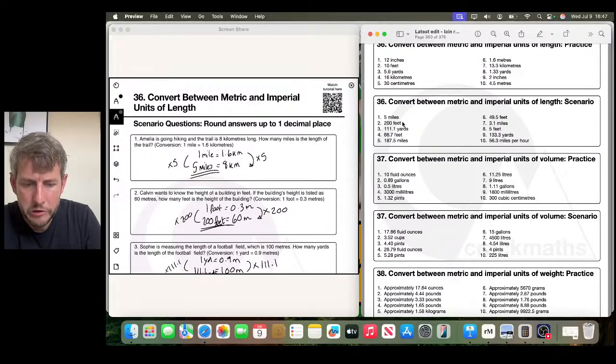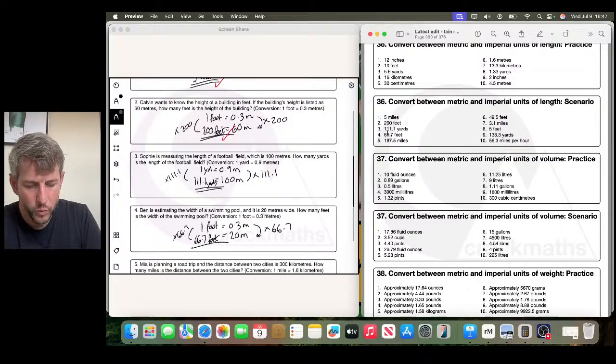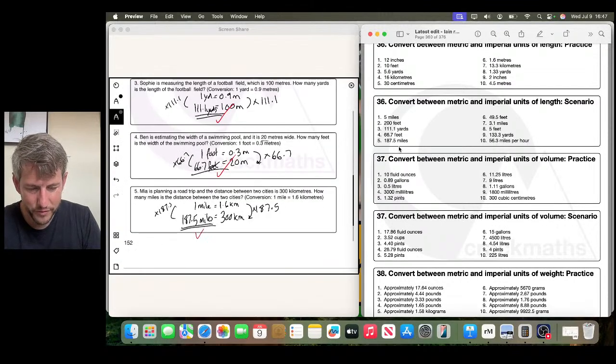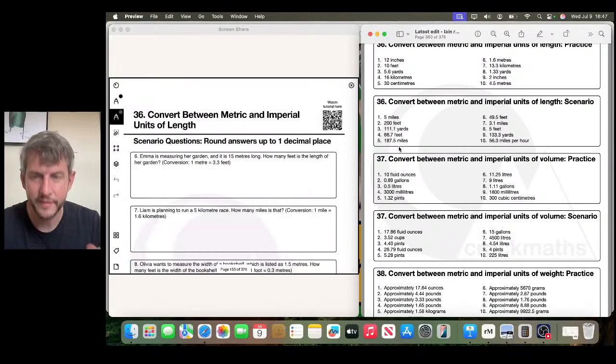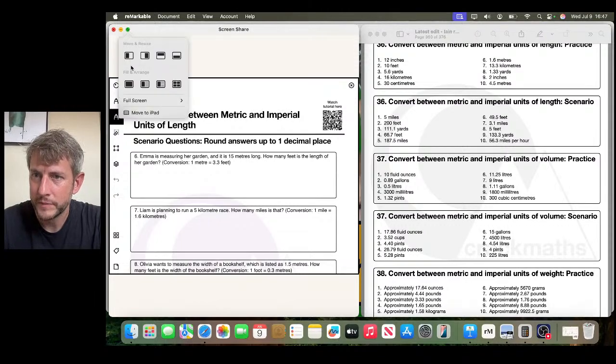So this one here, 5 miles, 200 feet, yeah. 101.1 yards, yeah. 66.7 feet, 187.5 miles. Perfect. Right, let's do the 6 to 10 of the scenario questions for this topic.